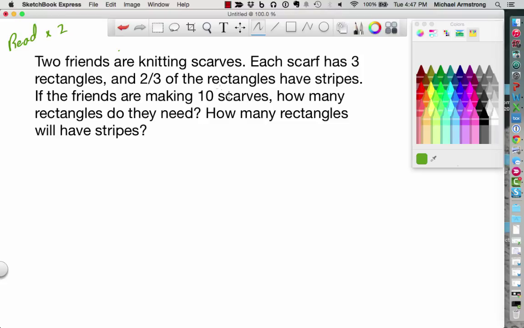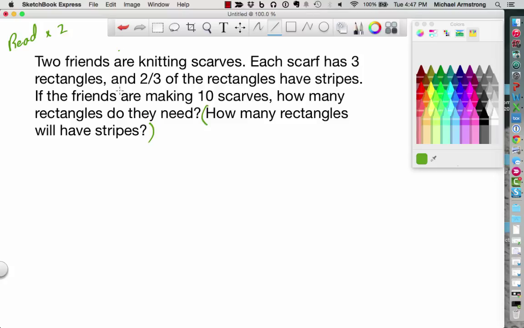All right, so this is a little more complicated. So we're definitely going to have to try to figure out what all these numbers mean. Let's start by just recognizing the question. The question is, how many rectangles will have stripes? And so let's back up a little bit now. 2 friends are knitting scarves. There's 2 people knitting.